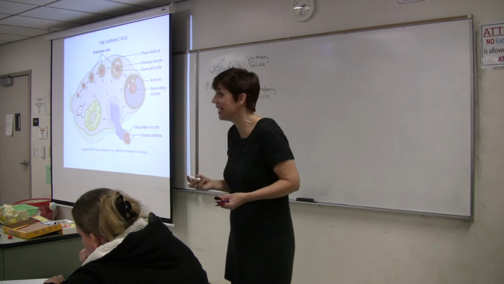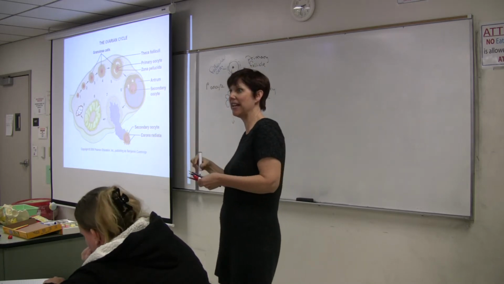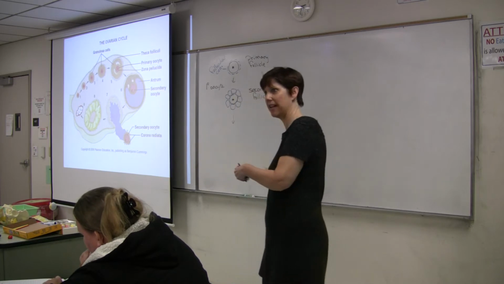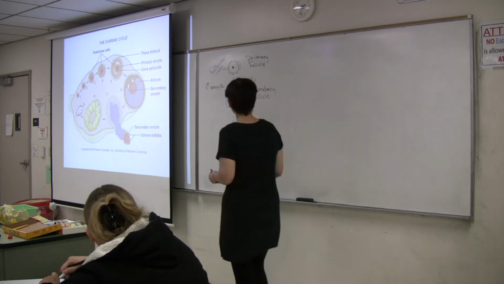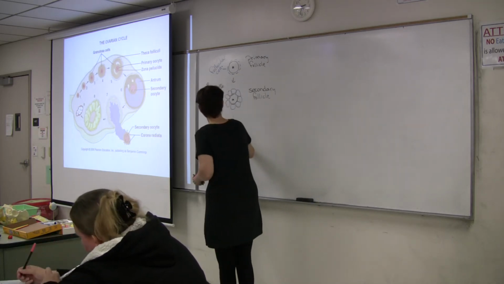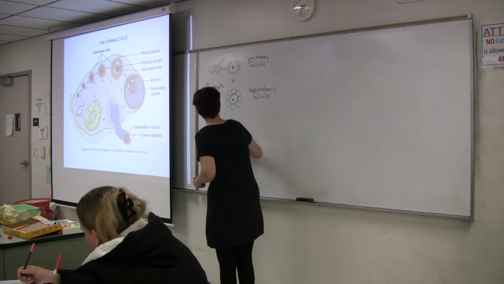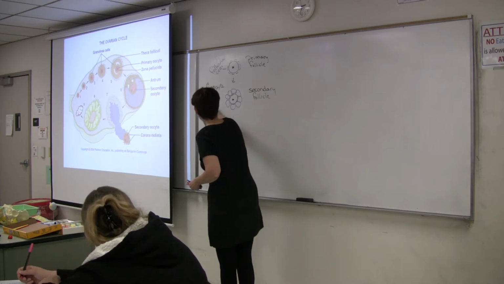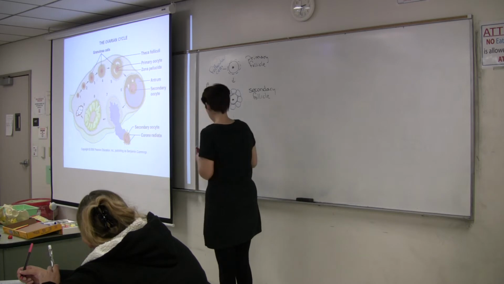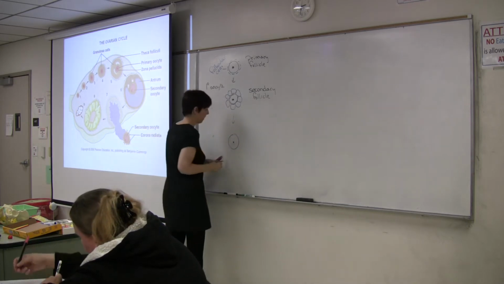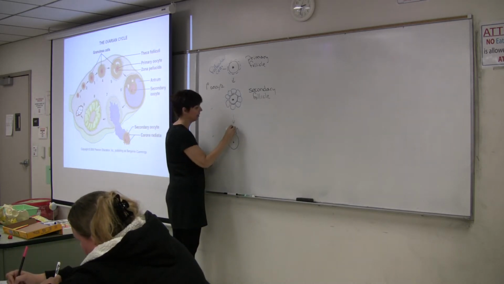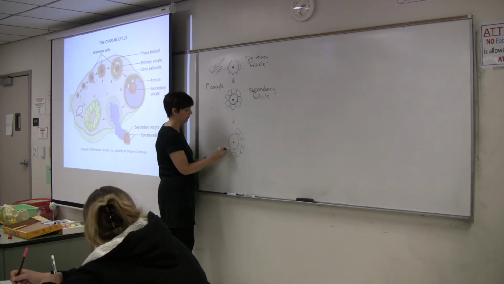Remember, everything is 2N, except our secondary oocytes and spermatocytes and the cells that form after that. All of our body cells are 2N. Those cells start to multiply. Still a primary oocyte. And we still call it a secondary follicle.